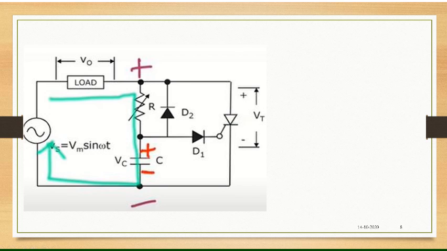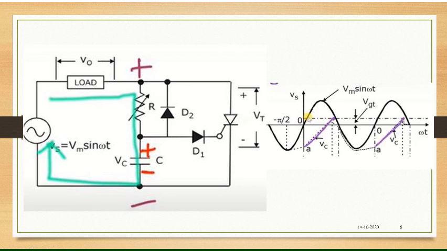Now observe the waveform. The capacitor voltage, which was at this point, when the input crosses 0 and goes positive, the capacitor starts getting charged and the voltage across the capacitor will rise in the positive direction.